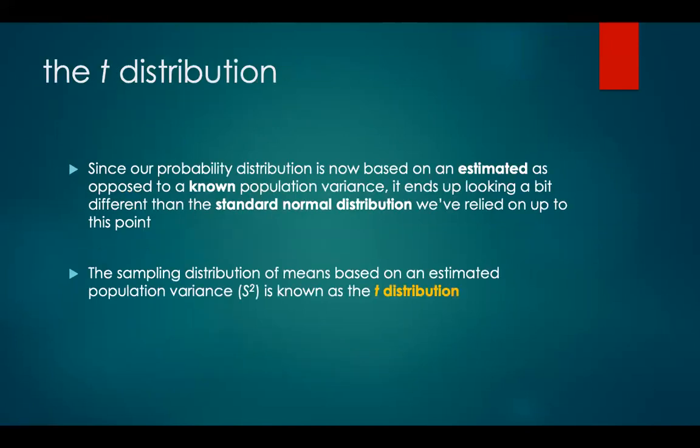Now, since our probability distribution is now based on an estimated as opposed to known population variance, it ends up looking a bit different than the standard normal distribution we relied upon up until this point. The sampling distribution of means based on an estimated population variance, or that statistic s squared, which is our unbiased estimate, is known as the t-distribution.